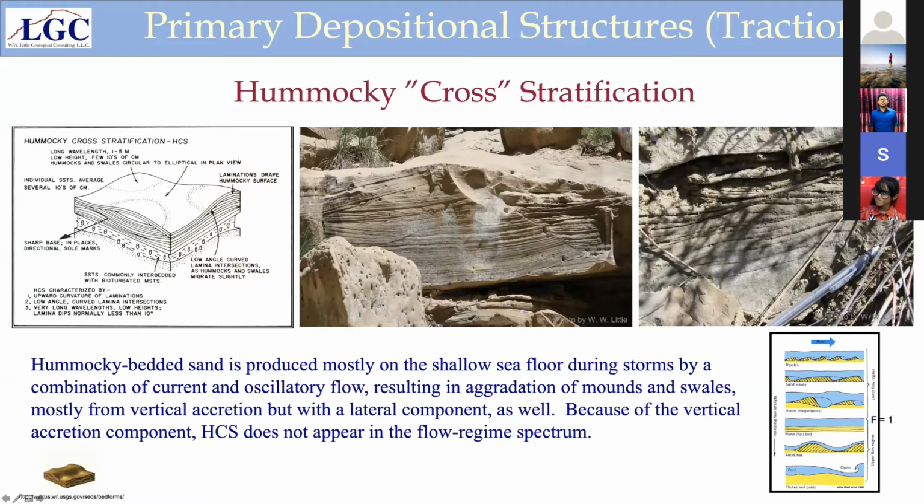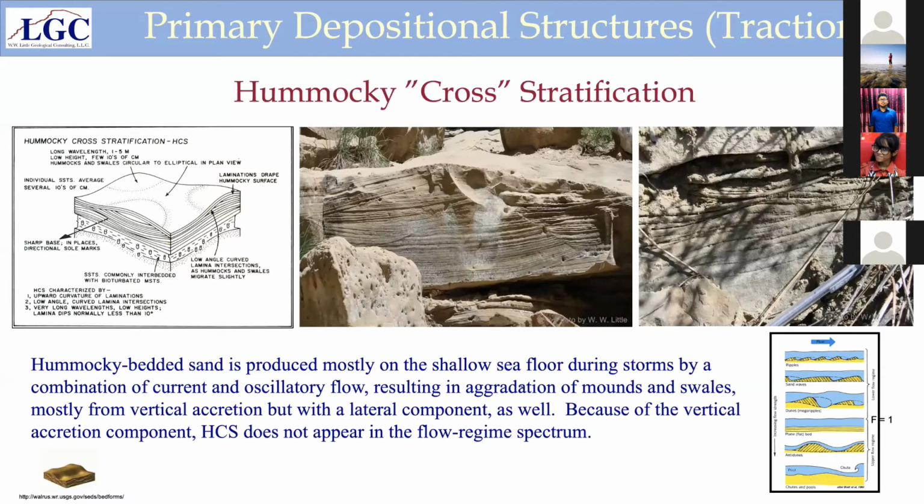I tend to use hummocky for both. But these are a very important sedimentary structure in identifying the types of beach deposits, and we'll talk about this one quite a bit more tomorrow. Okay, but the hummocky has to do with its geometry.